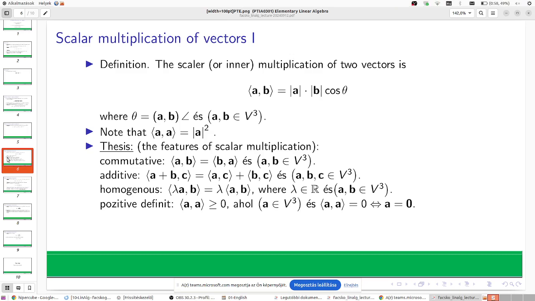And if you multiply a vector with itself, then it is 0 only if the A vector is the null vector. Otherwise, it's larger than that. It's trivial because this is the absolute value of the vector.